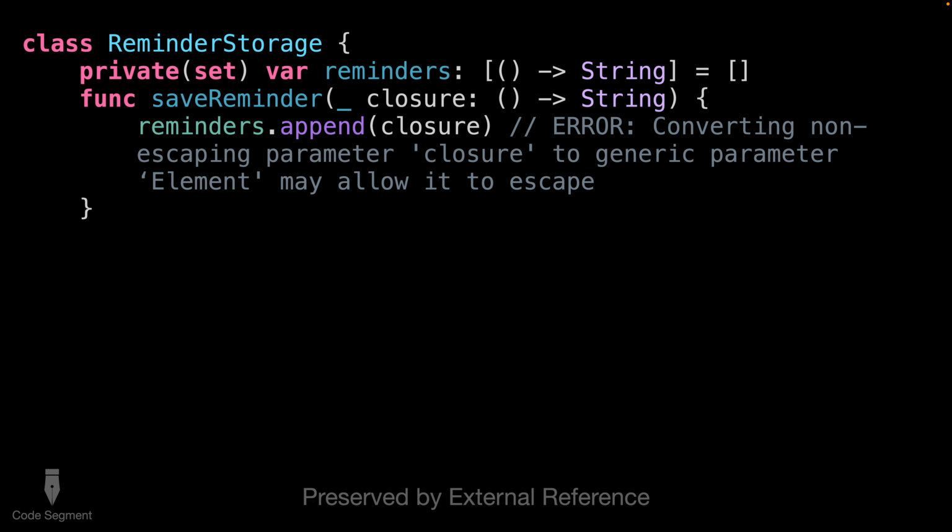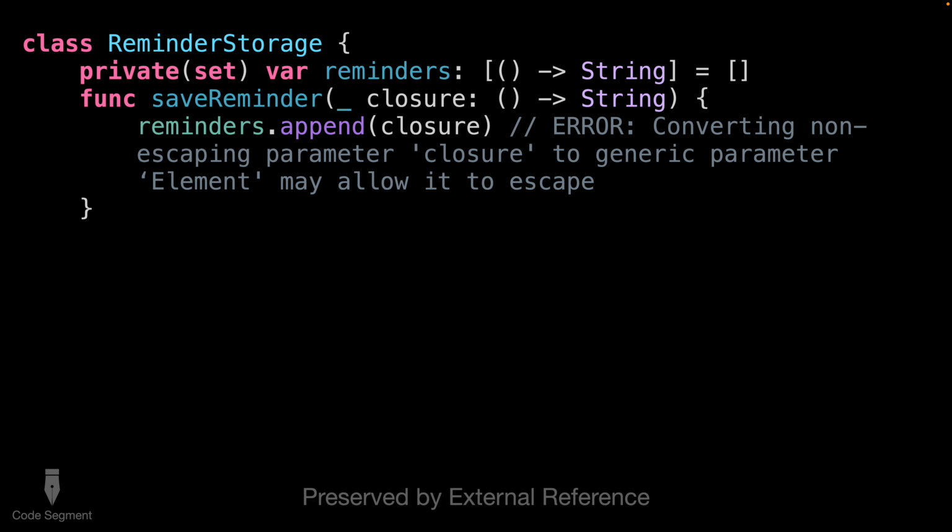And by escape, what it's saying is this closure has a lifetime. It has a life cycle, just like any variable or parameter. And when it falls out of scope, then it gets wiped away. There's no more references to it, and it goes out of memory. This is related to ARC and ref counting as well. Basically, it goes down to 0, and then it gets deallocated.